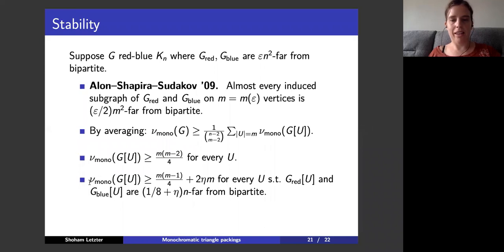And then when things are quite far from bipartite, I have that the packing number is a bit above this, m times (m minus 1) over 4. What I showed you was essentially without this eta, when eta is 0. And we leveraged that result plus similar arguments to get this stability version of it.